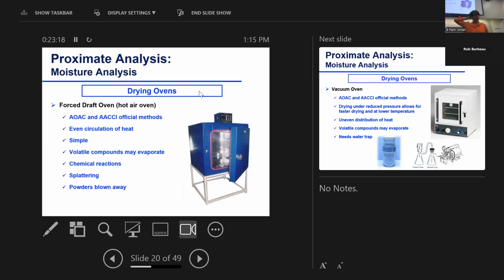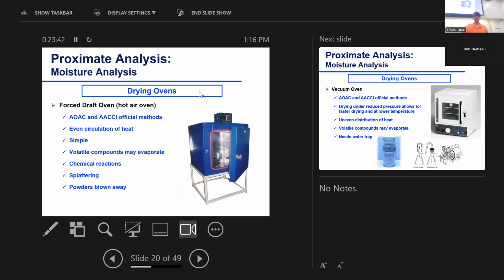So they will give you specifications. The AOAC method and the AACCI methods. I think they are still called AACCI, although they changed to the Association for Cereal and Grain, right? But I think the methods are still called like that.